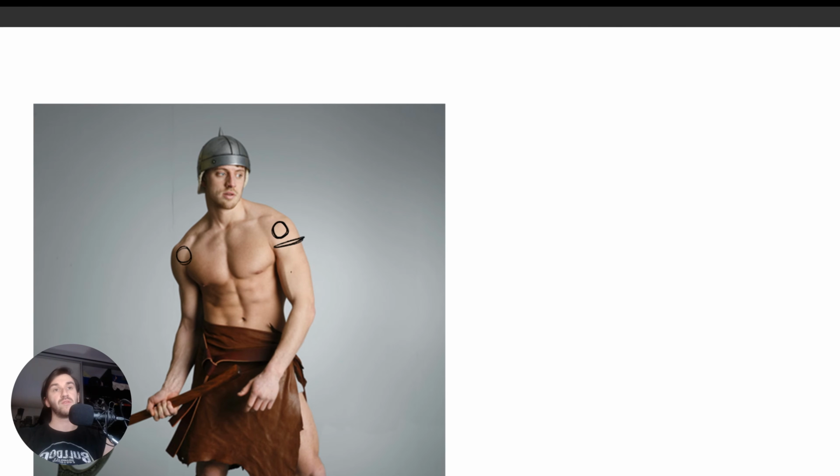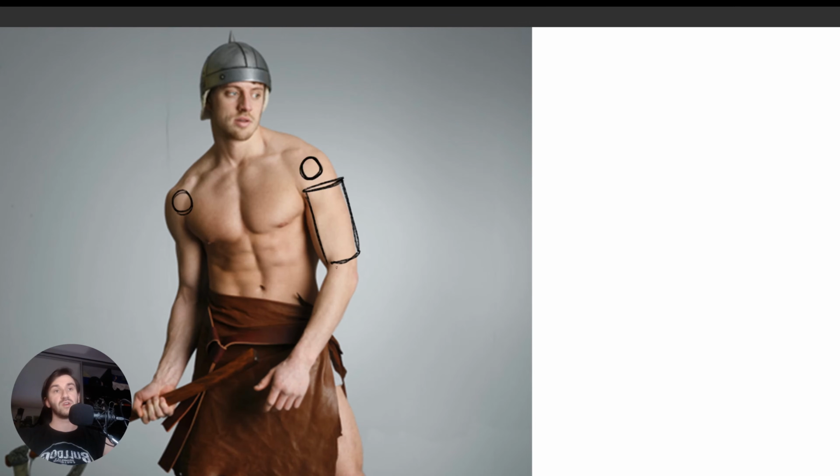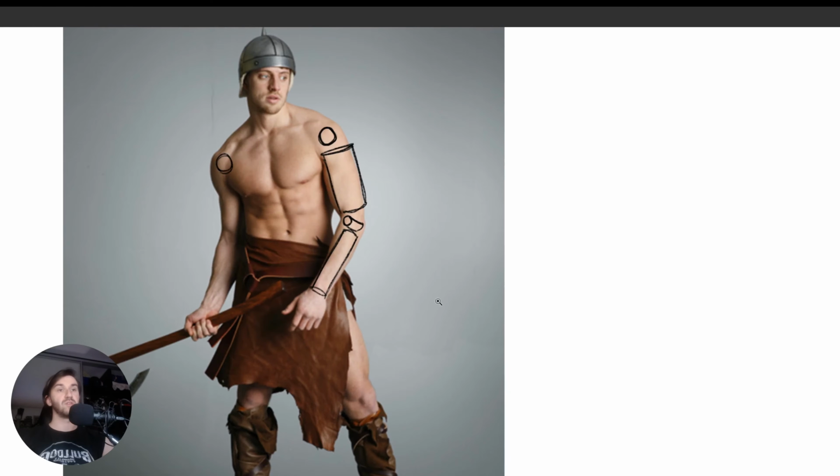We can simplify his arm to a cylinder, because basically this is a cylinder, just slightly bumped up in here because of the bicep and in here because of the tricep. In here we can say what is the angle of the joints in his arm, like what is the angle of the elbow. We can simplify his forearm, not forehand, to a cylinder. We can simplify his entire leg, let's say, to a cylinder.